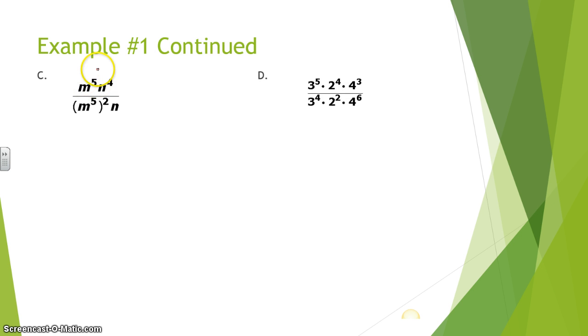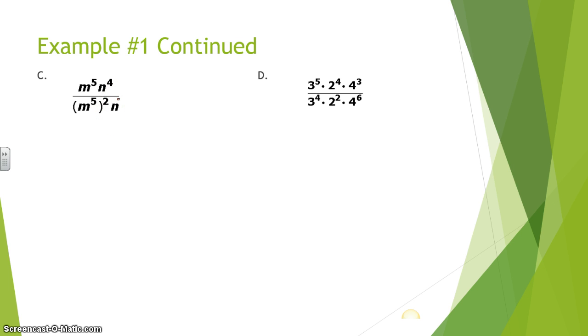Here's some more of those type of examples continued, but we're going to get a little bit more involved working with these exponents with similar bases. Looking at C, we have m to the 5th times n to the 4th. We also have on the denominator m to the 5th squared times n.